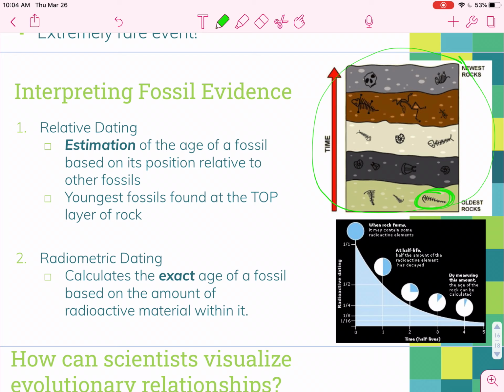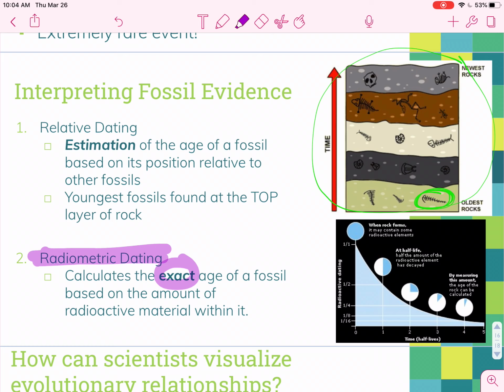However, the very last thing we did before break was our shoebox lab with the pennies, and that was not modeling relative dating, it was modeling radiometric dating, which is much more exact. With this we can get an estimate of the actual age of the fossil, and there are two things we have to know to do that.